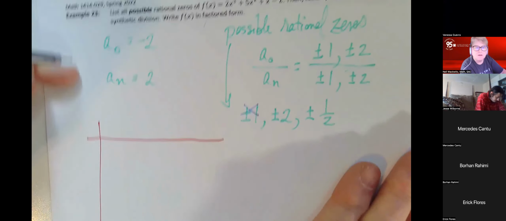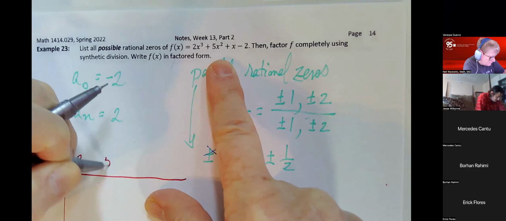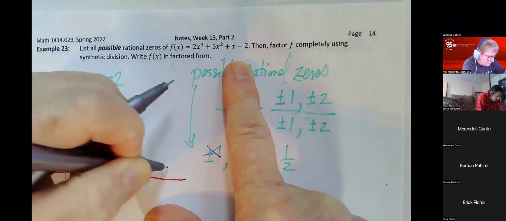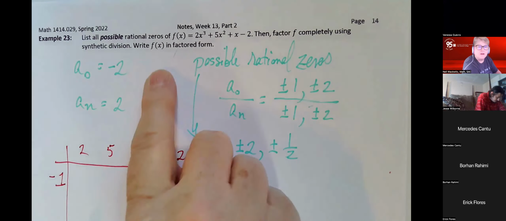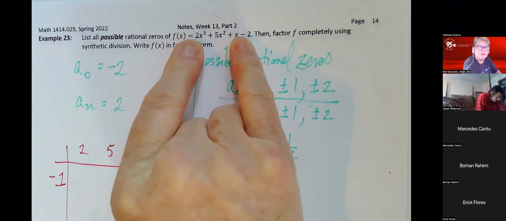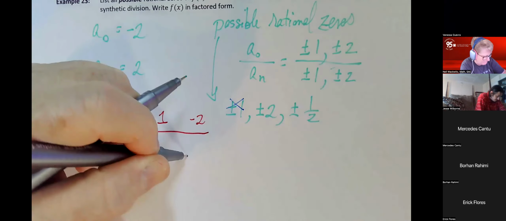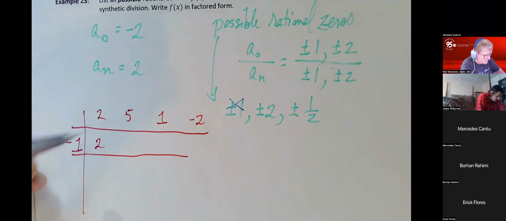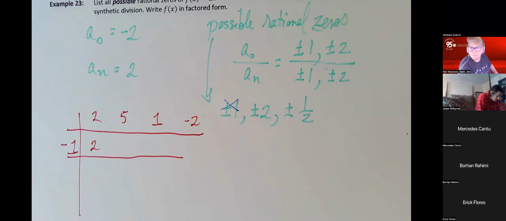And that helps us. So we have 2, 5, 1, -2. And we're going to start out with -1 because we added the odd coefficients and the even coefficients, and we got the same number. 2 times -1 plus 5. 3.